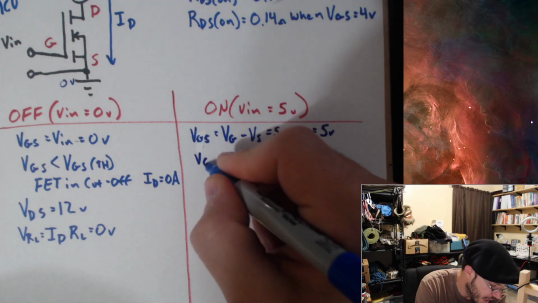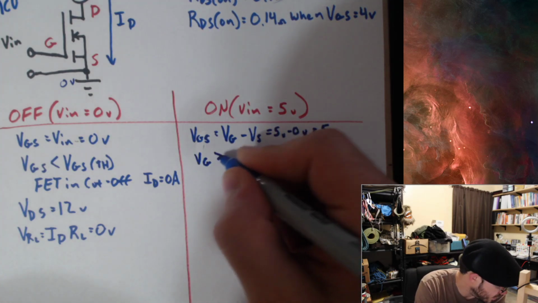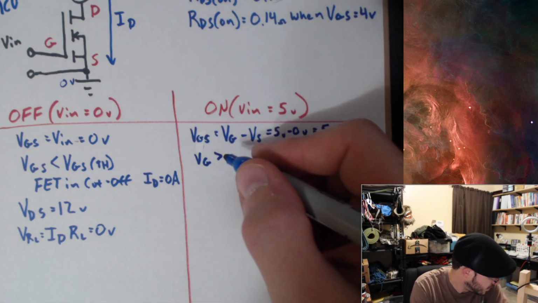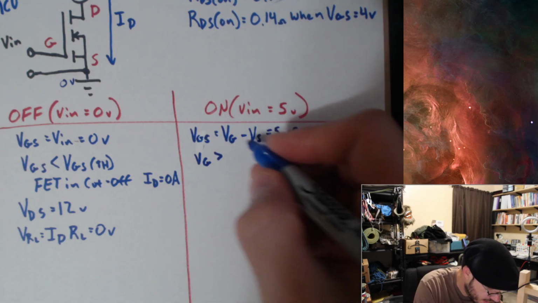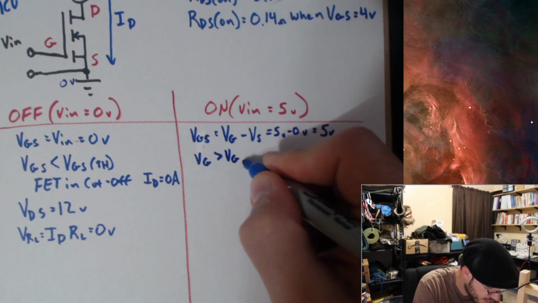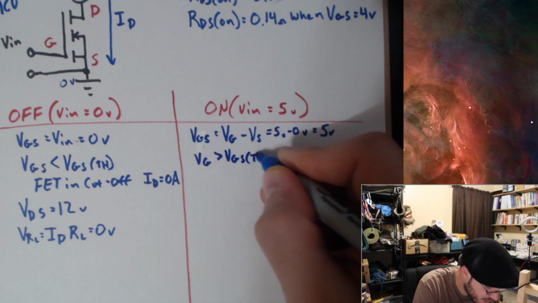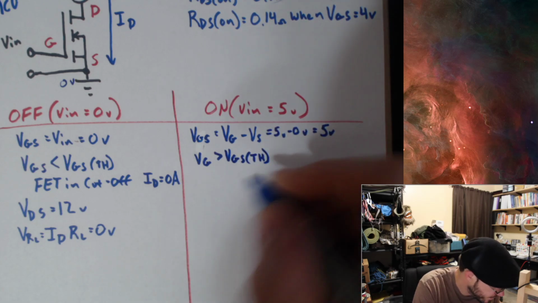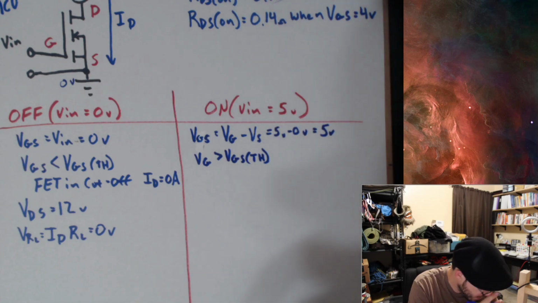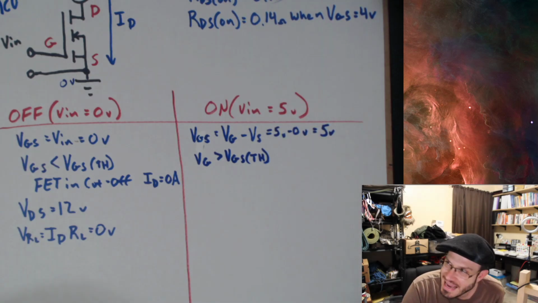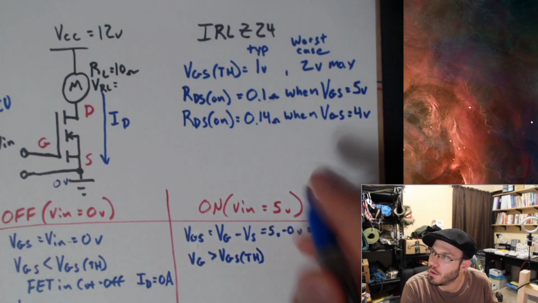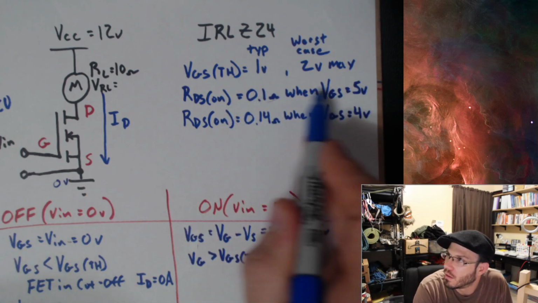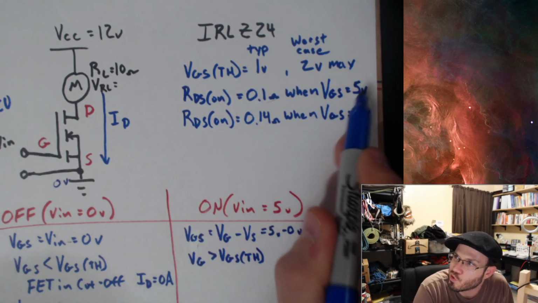VGS is much greater than VGS-TH. And if that's the case, then we know this first line holds true.